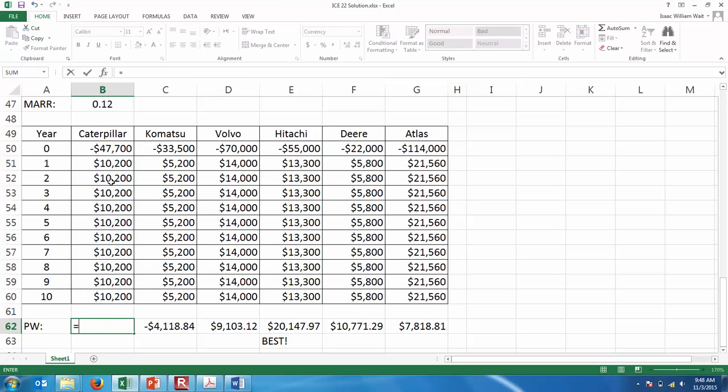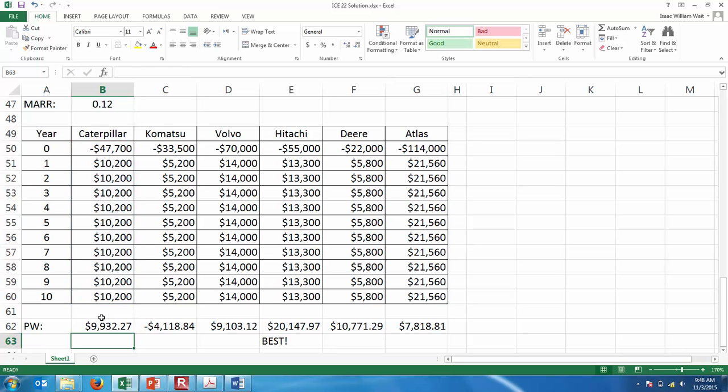So let me show you that. Equals NPV at the interest rate that we have of 12%, and our range of values is year 1 through year 10. Then I also have to manually add in the amount that's already in the present. So it's not just the NPV function here, it's the NPV plus what's already at the present.